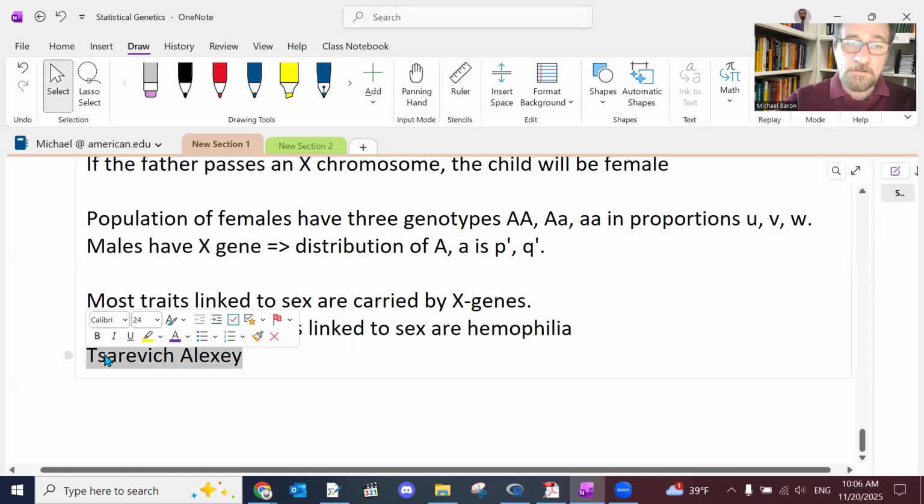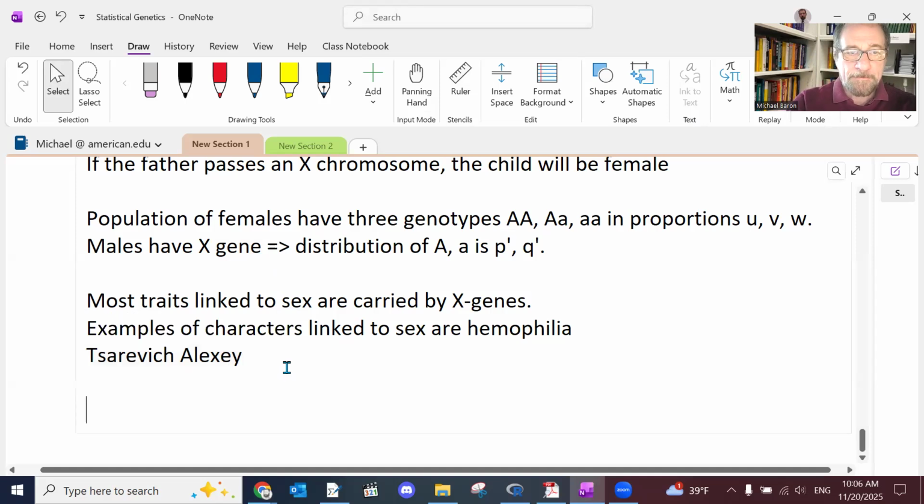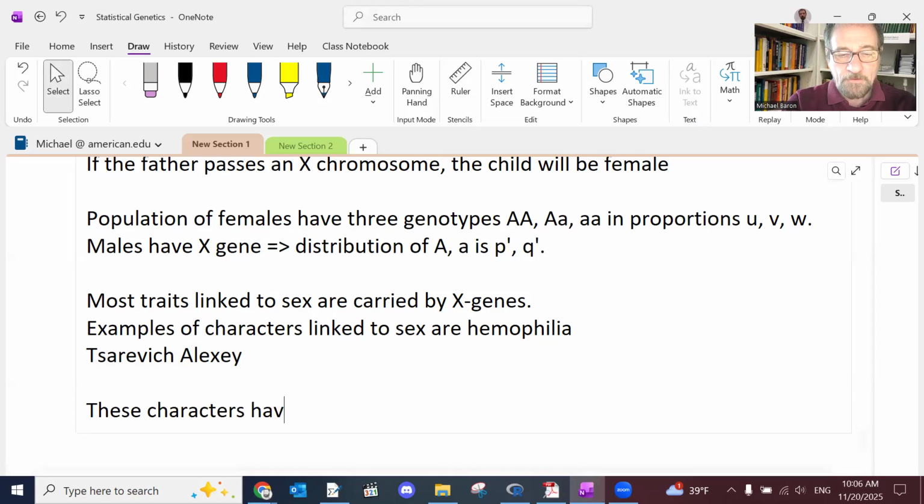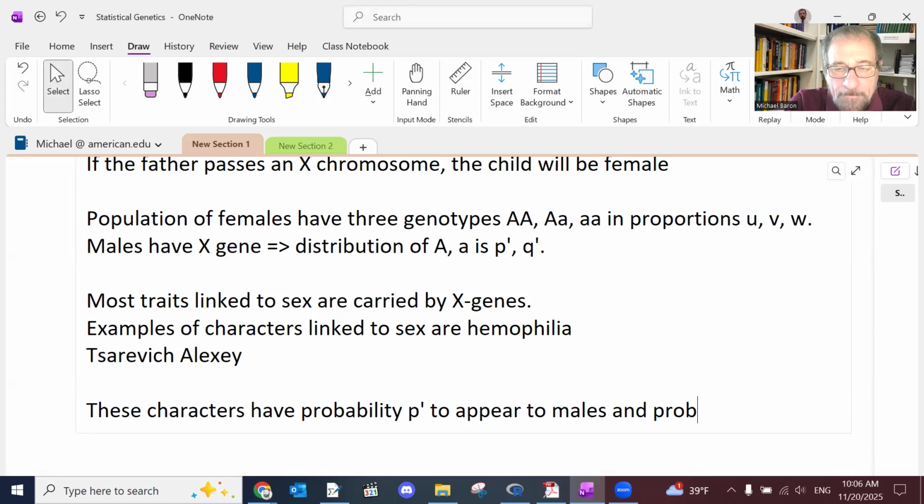We can also conclude that these characters have probability P prime to appear in males, and to appear in females, they need to receive recessive X genes from both father and mother, right?